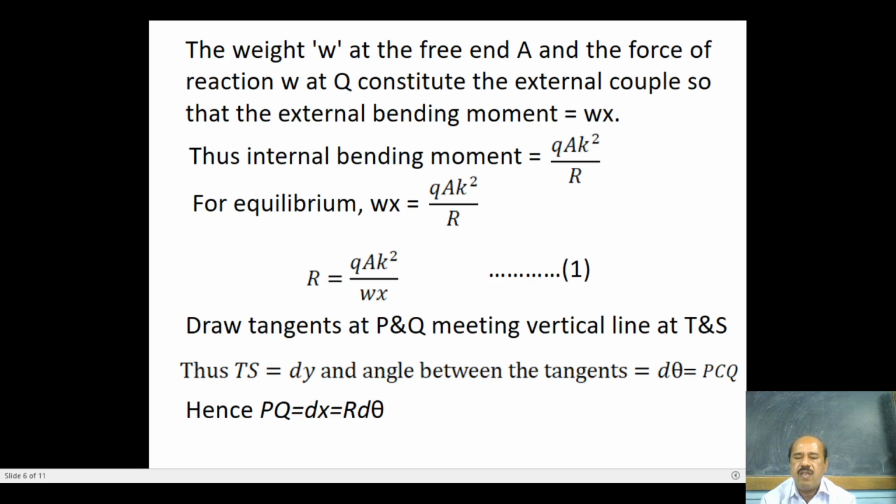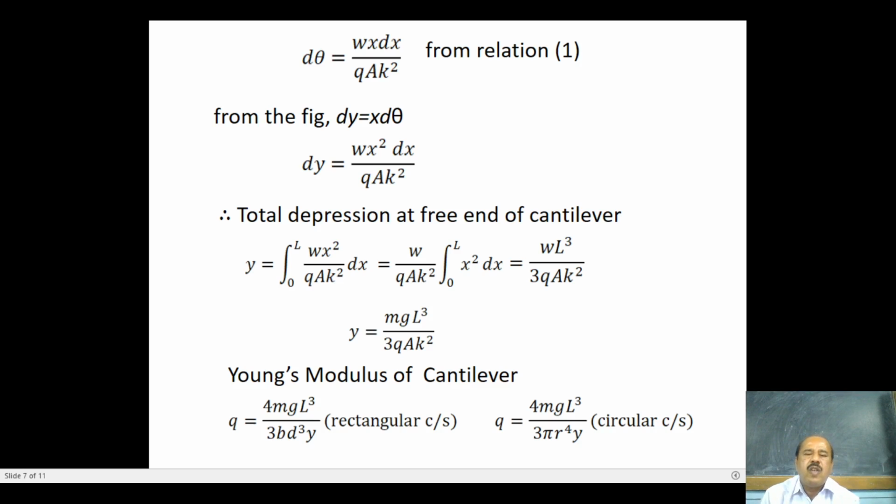Hence PQ equals dx, which is R into d theta, where R is the radius of curvature of the bent beam. Then d theta can be written as W x dx divided by Y A k square, using relation 1.